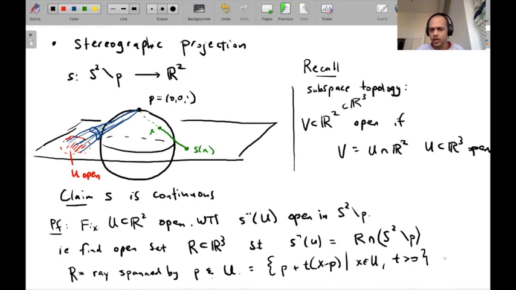And this is an open subset of R3. It's not so hard to check that for any point in here, there's a small ball around such a point which is also contained in here. By definition of how this ray works, observe that this equality holds.